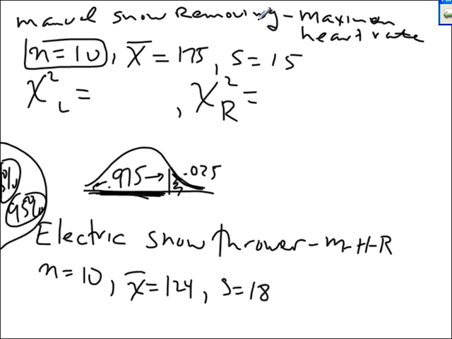N is 10, so we go down to 9. Under 0.975, down to 9, we get 2.7. Under 0.025, go down to 9, we get 19.023.